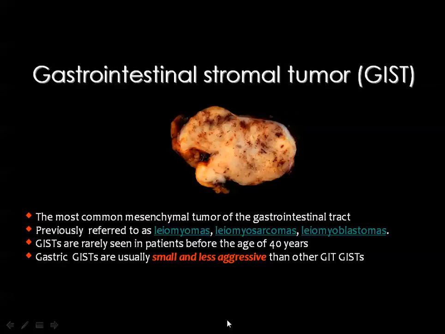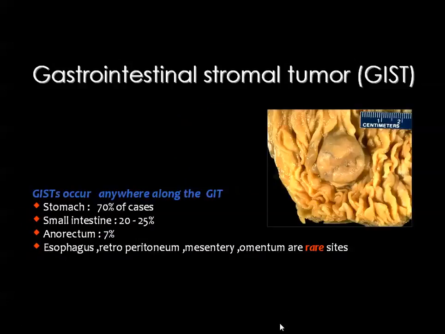These tumors are rarely seen before the age of 40 years according to the literature, and the gastric GISTs are usually small and less aggressive than other GIT GIST tumors.